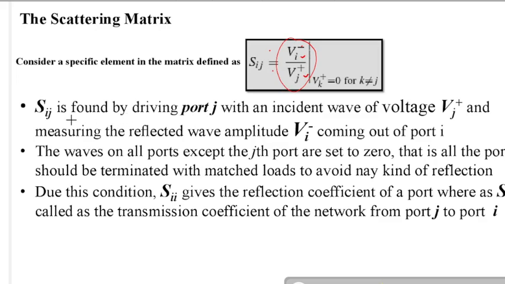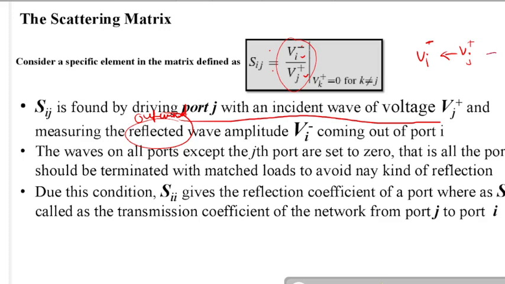Sij is found by driving port J with an incident wave of Vj plus. That means driving port J means any port in the network is given V plus from the port J. Then measuring the reflected wave amplitude Vi minus, or it can be written as the outward wave amplitude Vi minus.